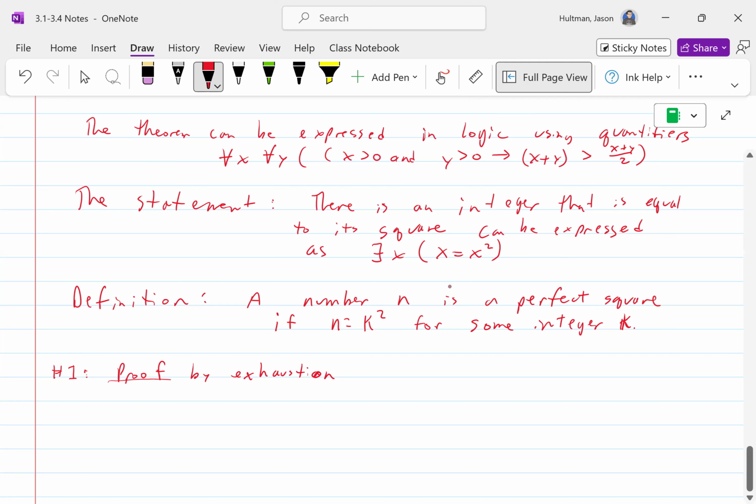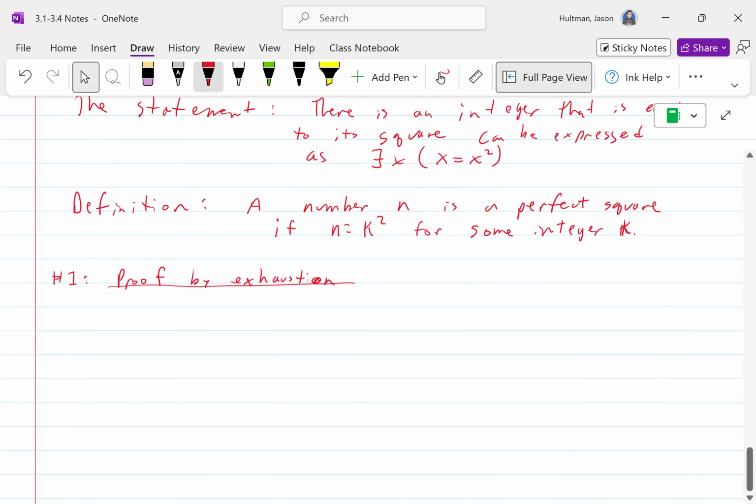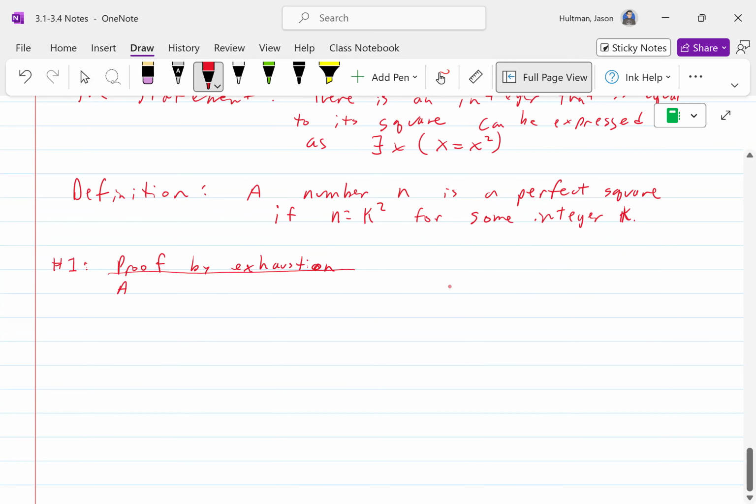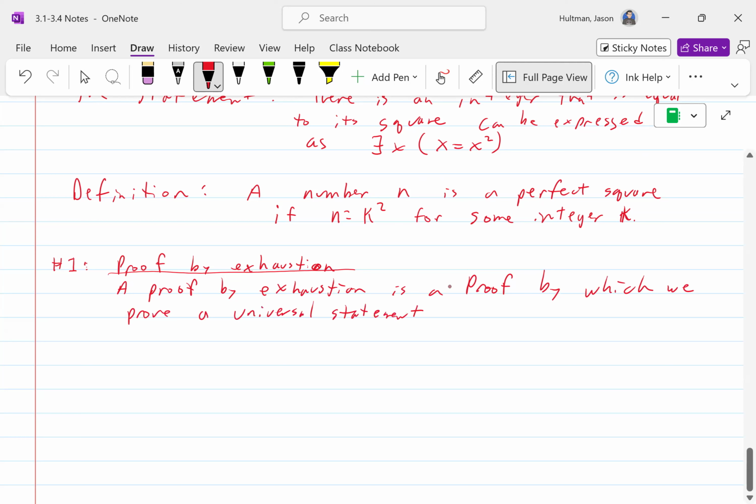A proof by exhaustion is a proof by which we prove a universal statement by checking every element in the domain of the statement.